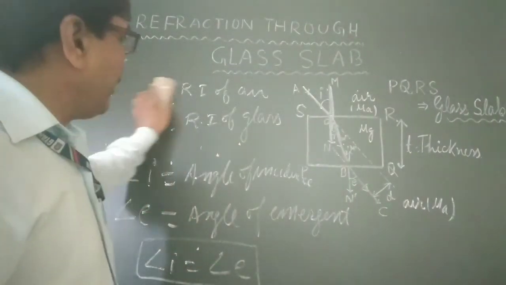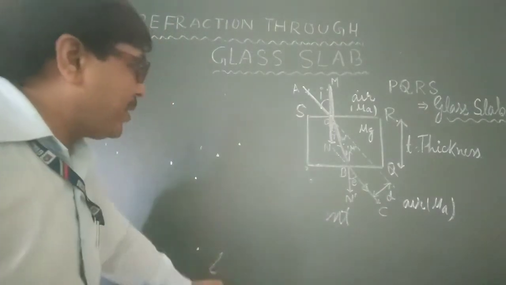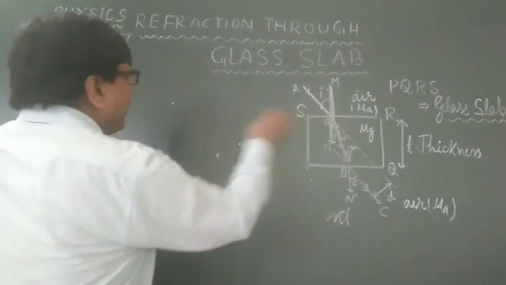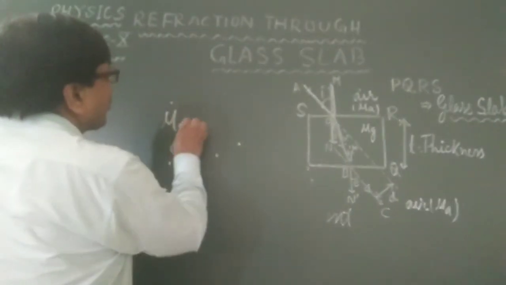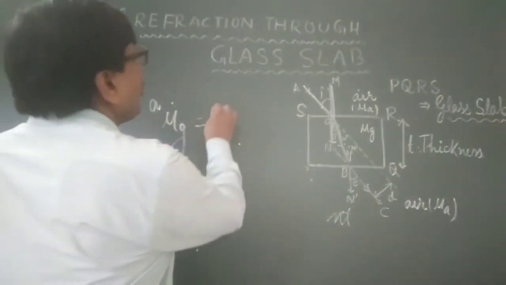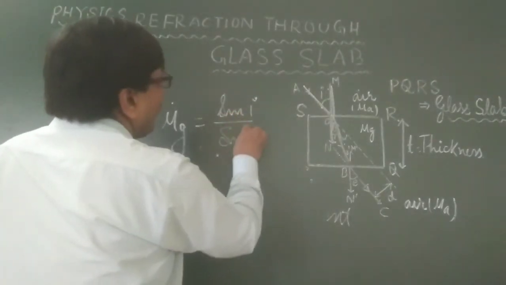So how can we see that the refractive index of glass with respect to air is sin i upon sin r.